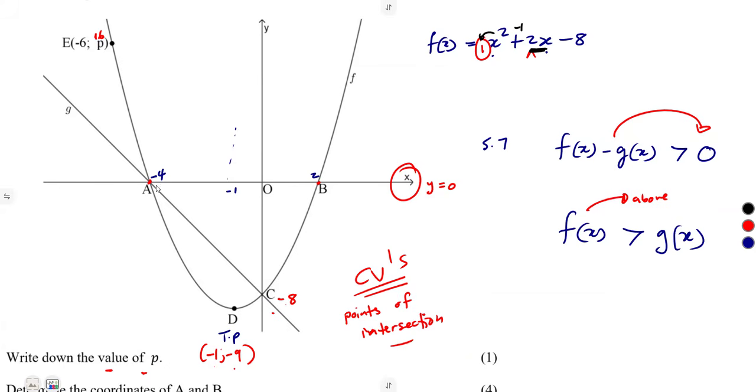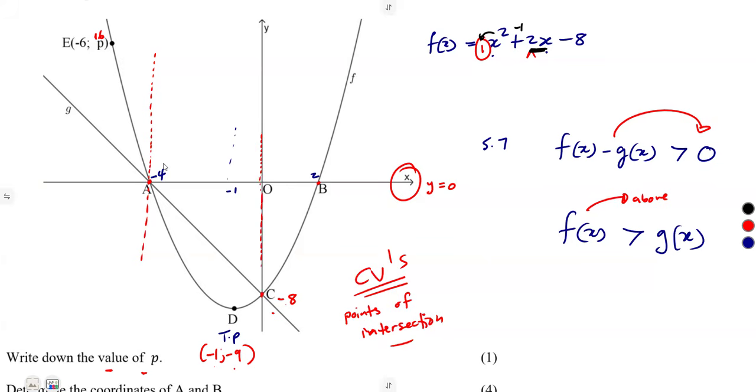So at the points of intersection, we are referring here at this point, -4. So that's a critical value that you're going to need at the point of intersection, where x is -4. Another critical value, point of intersection at C. What is the x value? This becomes our critical value again.